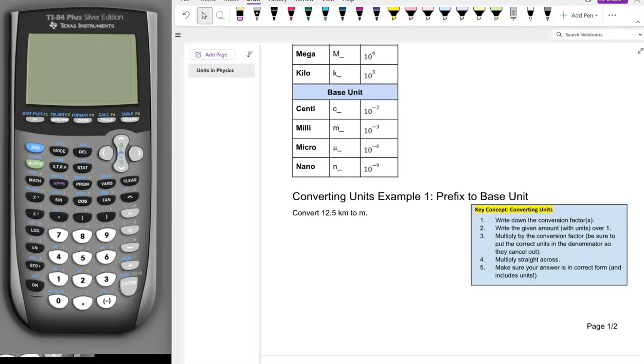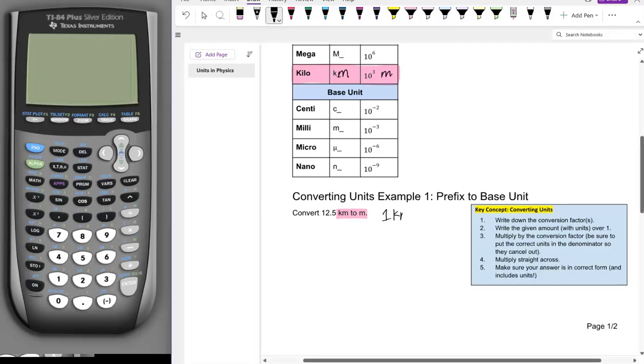The first thing you're going to do is write down the conversion factor. So when you see kilometers to meters, you're going to find the kilo in your table. If you want to fill it in, kilometers, 10 to the third meters, it's saying 1 kilometer equals 10 to the third meters.